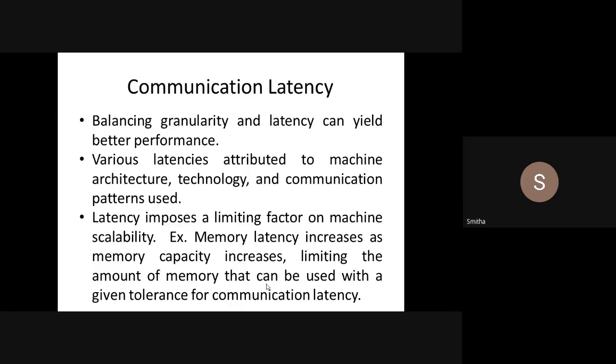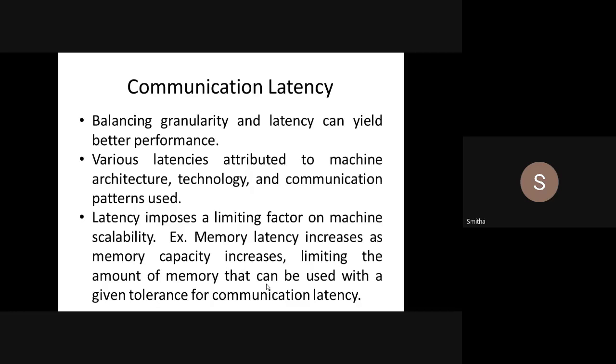When we increase the memory capacity, memory latency also increases, because if we have larger memory, then it will be difficult to fetch or access the data, so latency will be more. So granularity and communication latency are interrelated with each other. We have to balance so that we can yield a better performance.